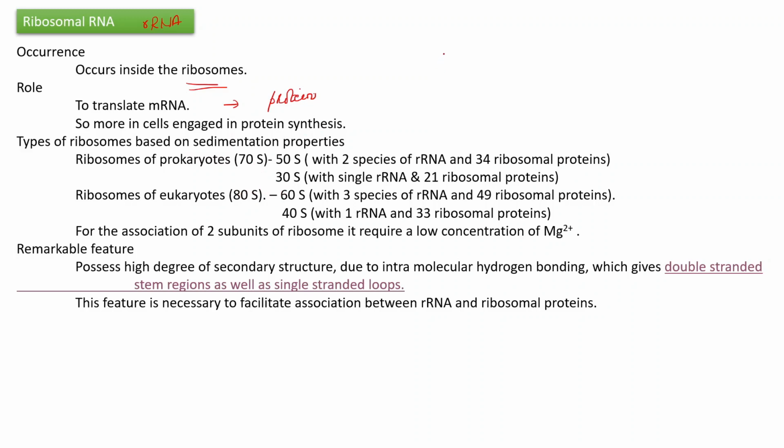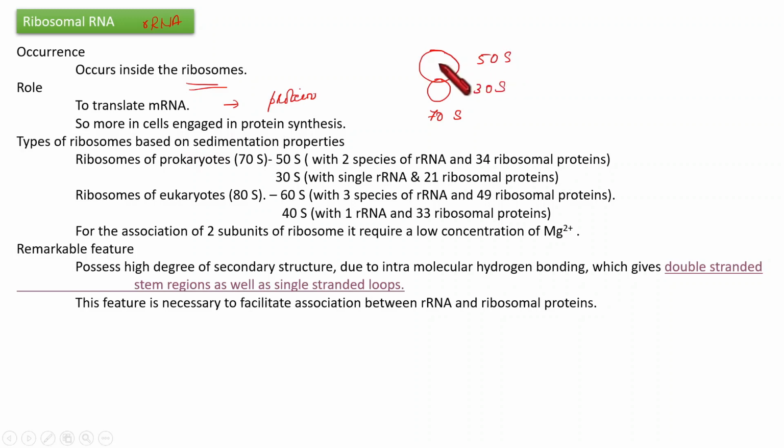And they possess a large subunit and a small subunit in the case of both prokaryotes and eukaryotes. Let's take the case of prokaryotes. The prokaryotic ribosome is 70S, I have told you, and the subunits are 50S and 30S.